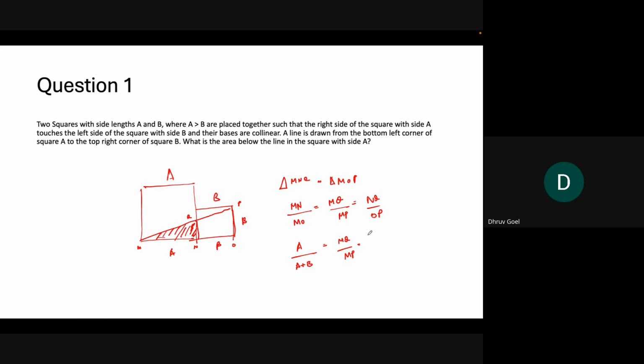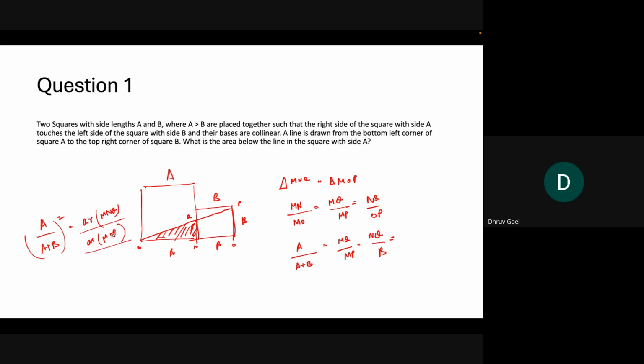NQ, I don't know, and OP will be B. Now, if I take the square of this ratio, A upon A plus B whole square, this ratio will be the area of MNQ upon the area of MOP.